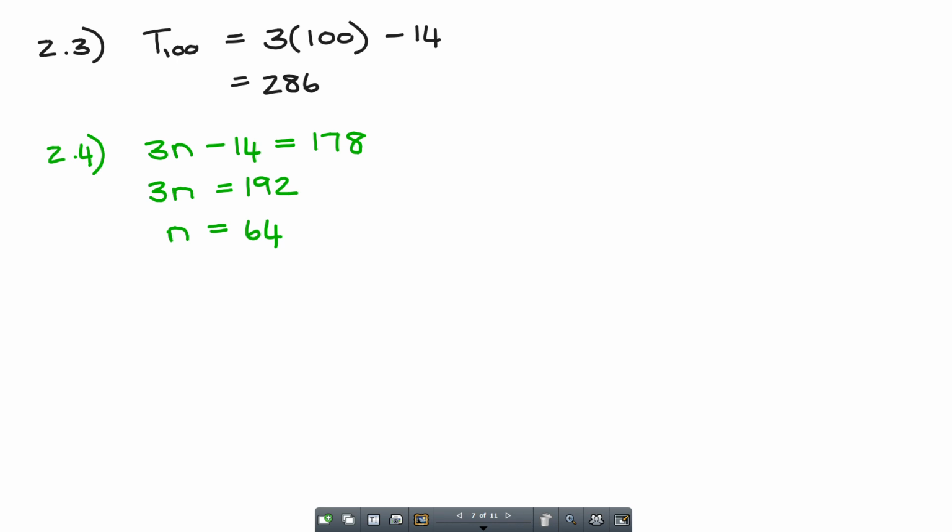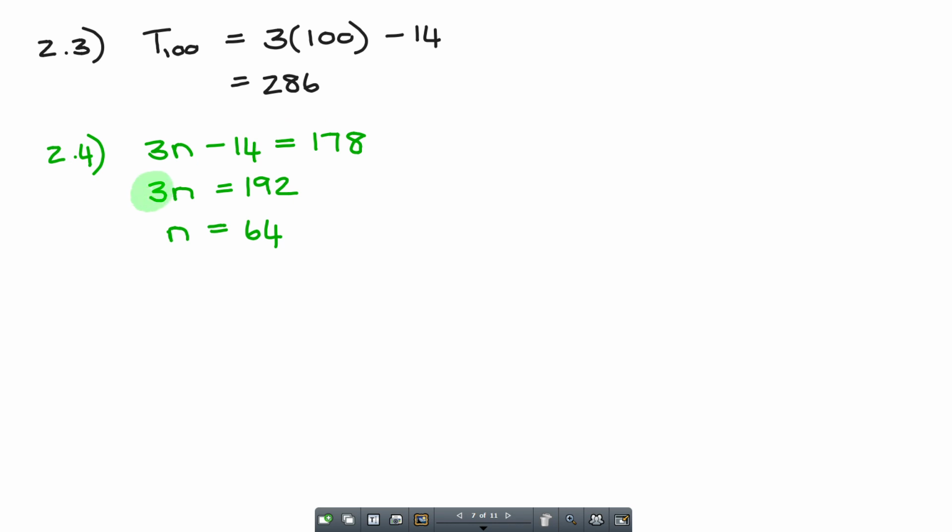Okay, then 2.4. Vra hulle vir my watter term het 'n waarde van 178. Okay, so I'm going to make my term n equal to 178. Now I've got to move that 14 over, it becomes plus 14, en dis so kom by 192.